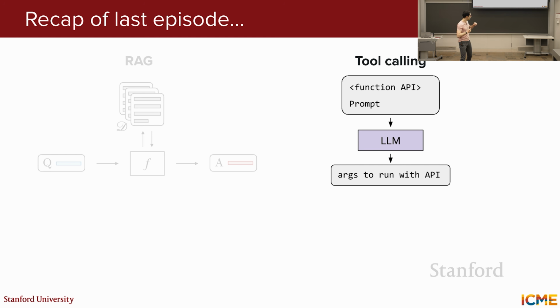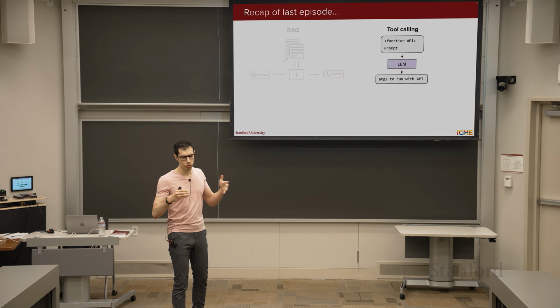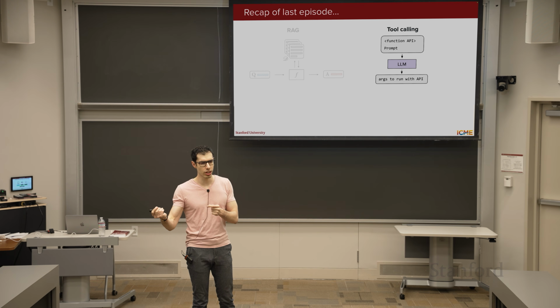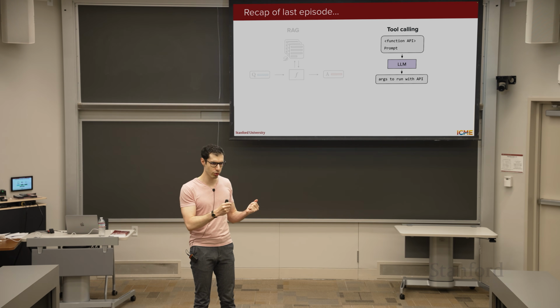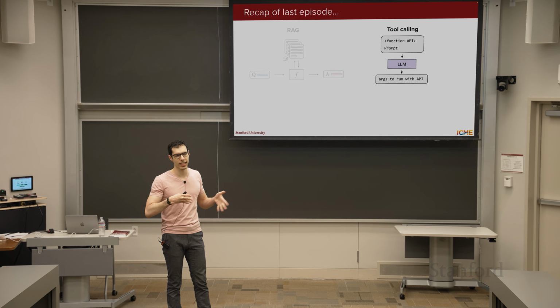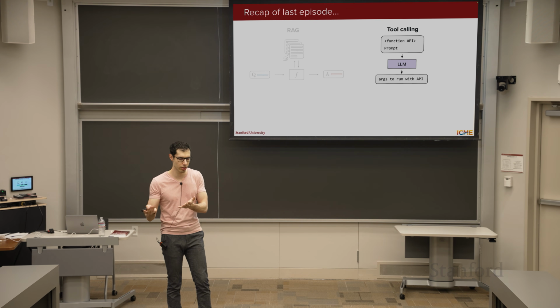So if you remember, if we give our LLM the knowledge of the tools that are available to it, it can figure out which arguments it needs to input to the function as a function of the input query, and then run that function, and then output the result in natural language to the user.